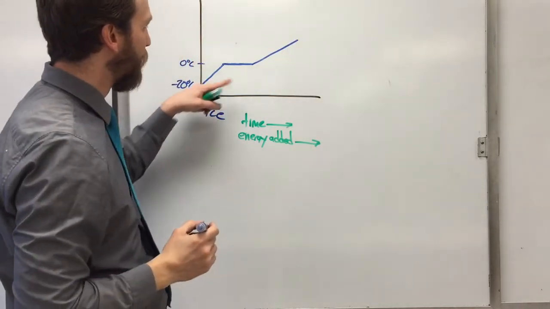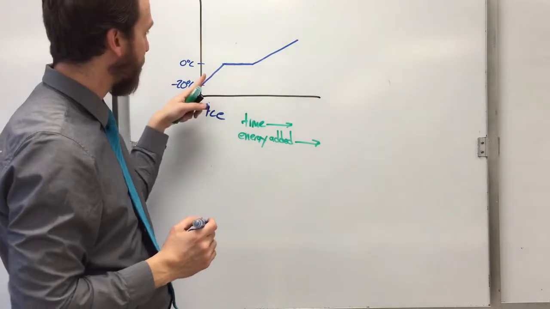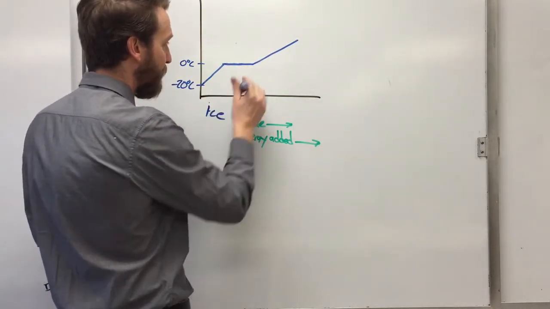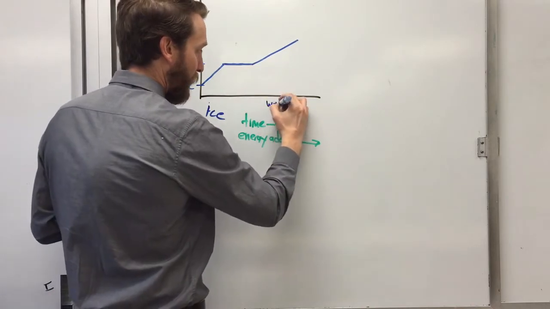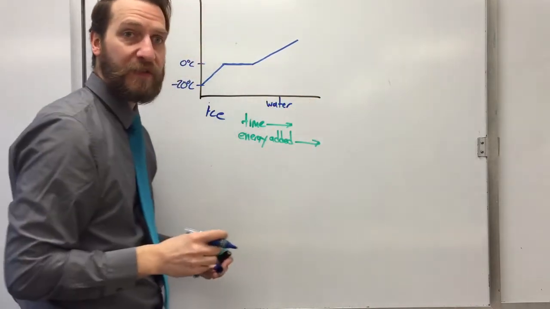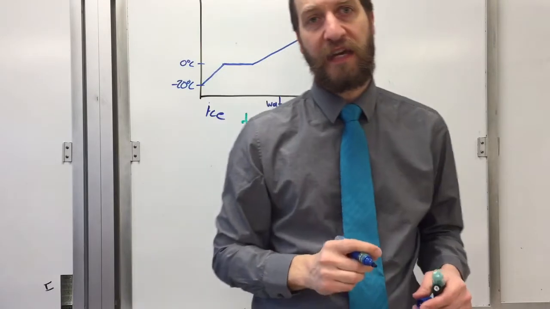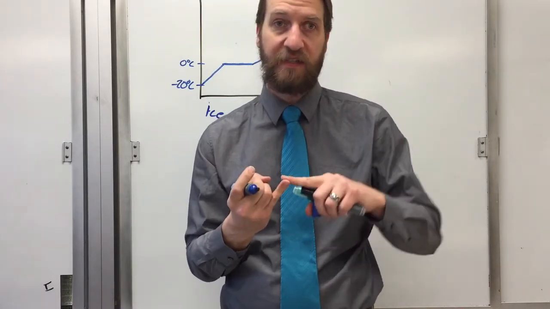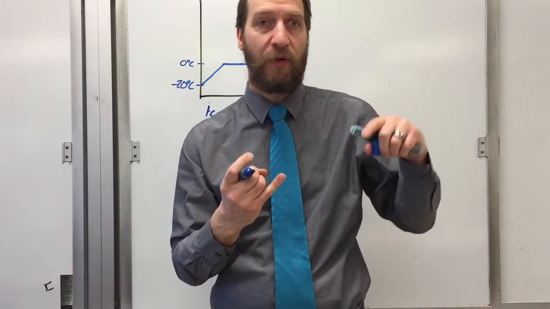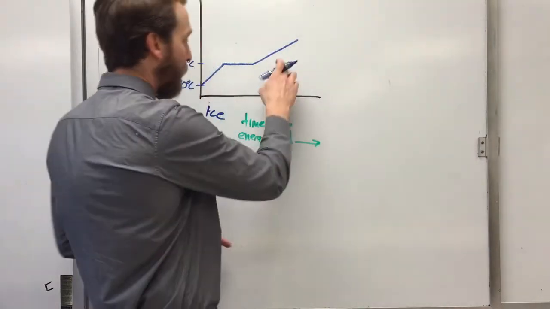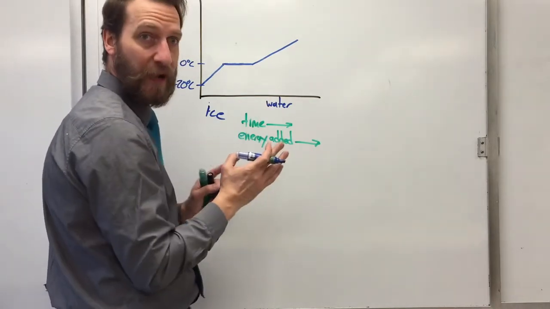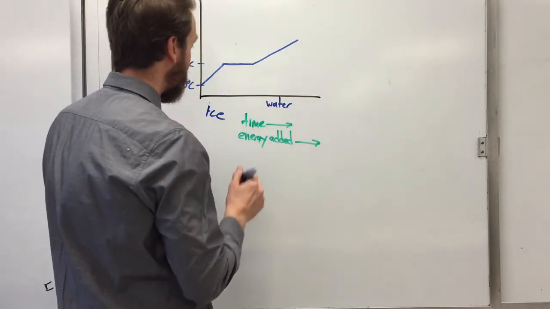But if you notice, I drew the slopes of these heating portions slightly differently because every substance, here's ice here, there's water here, every substance has a different, unique, specific heat capacity. The amount of energy that it takes to change the temperature of 1 gram of that substance by 1 degree. So water, the liquid state of H2O, and ice, the solid state, it takes a different amount of energy to change the temperature of those.